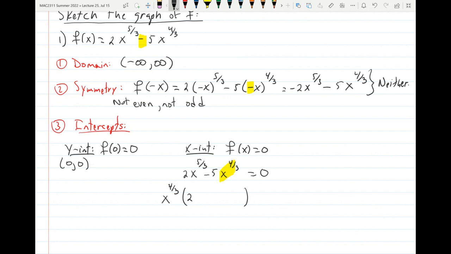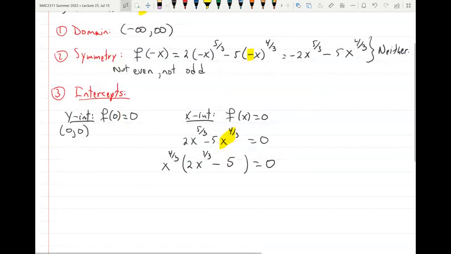So 5 over 3 minus 4 over 3 is 1 over 3. So there is a 1/3 left over here, and then minus 5 equals 0. And you can always check, if you distribute this back, you can check that you get the function above, okay? Remember that when you multiply, you add the exponents.